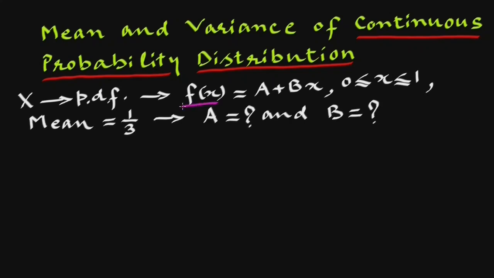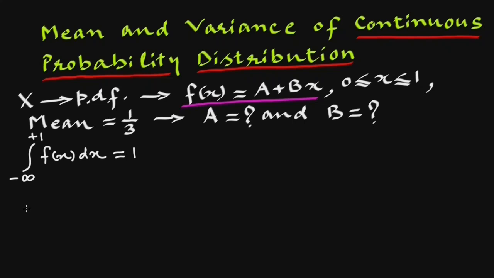Now, since f(x) is a probability distribution, we have the integral of f(x) dx from minus infinity to plus infinity equals 1. To understand this, I suggest you watch my videos on probability distributions, the links of which I have given in the description box.